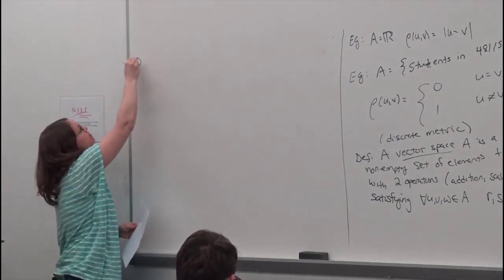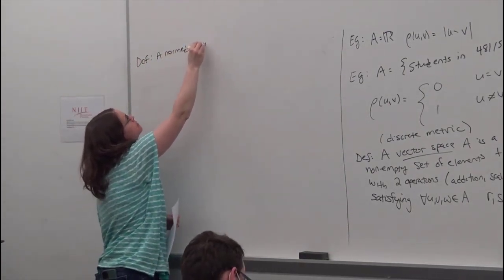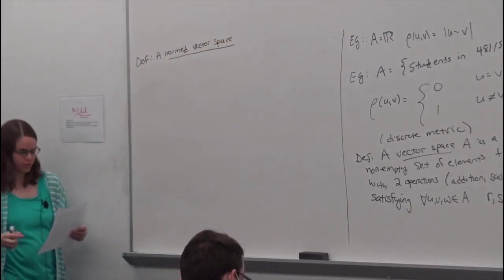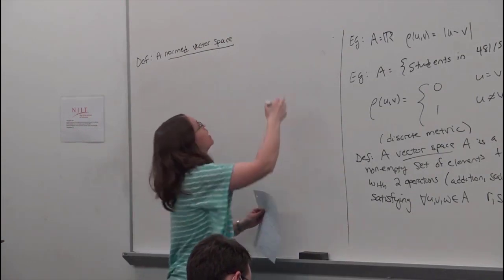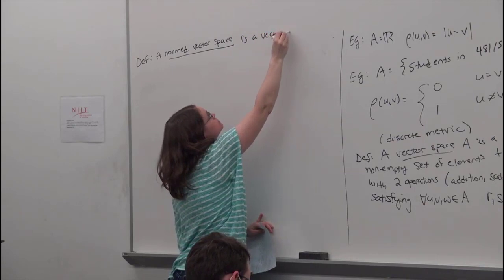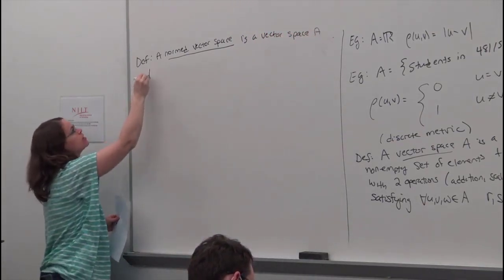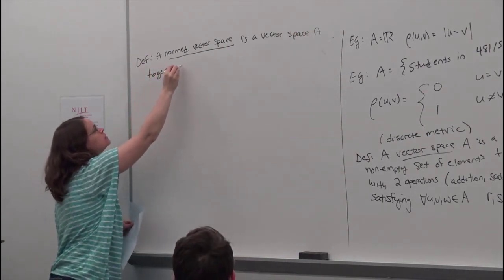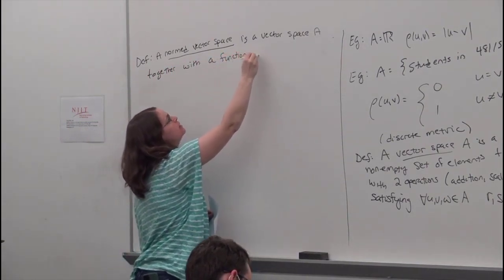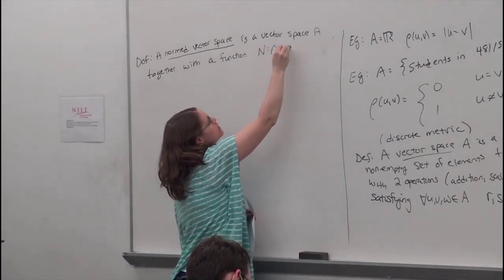So our normed vector space, we have a vector space, of course, and now we have some kind of real valued function on it, together with a function that I'll call n, that takes objects in A and spits out a real number.